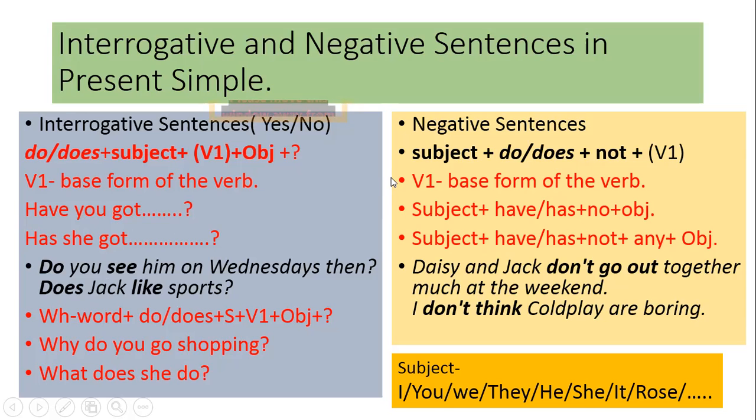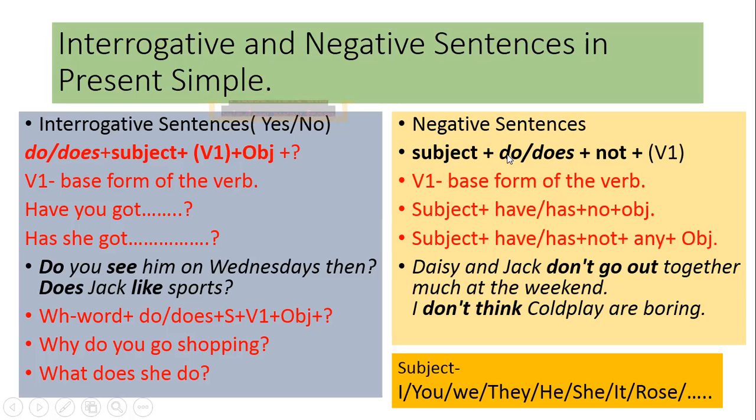Sorry, one more thing. While forming questions in present simple, we also use a WH word with do or does, followed by the subject and V1 with the object. While forming negative sentences in present simple, the subject is always followed by do or does, and we have to select do or does according to the subject.